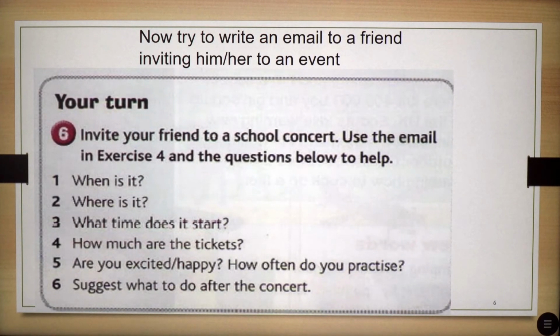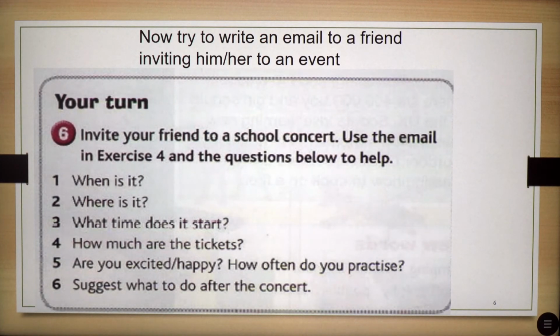Here are a few questions that you need to include when you make an invitation. Now, you are going to try and write an email to one of your friends inviting them to an event, a birthday party or a concert or whatever you want to invite that friend to.